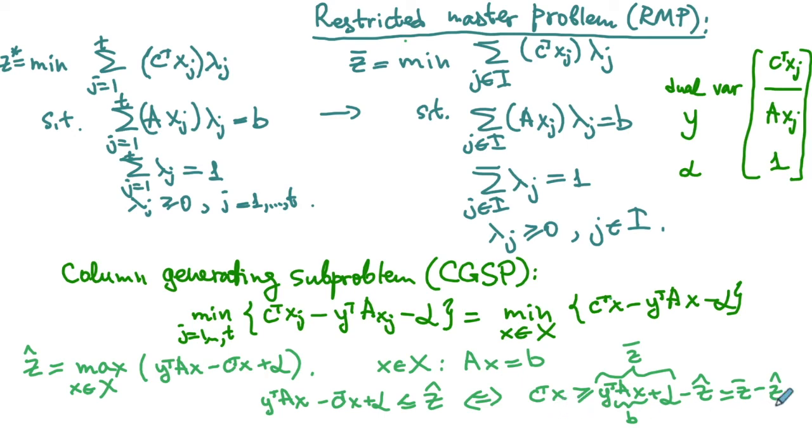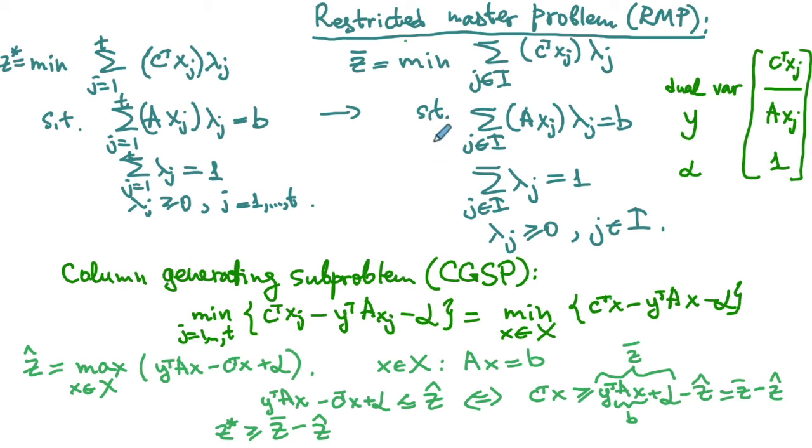Since this inequality holds for any feasible solution to our original LP, we obtain the inequality z star is greater than or equal to z bar minus z hat. So the optimal objective value for our original LP is at least as large as z bar minus z hat.